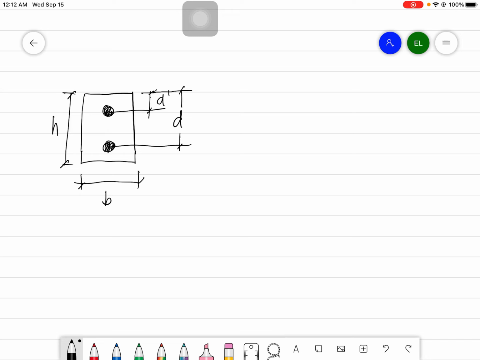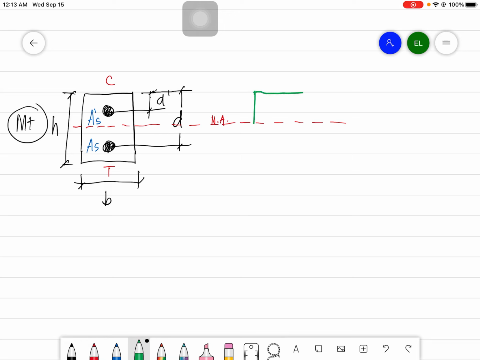Again, this is subject to positive moment, so this part here is in compression and this part here will be in tension. This is your As prime here, and this one is your As. How do we transform that? Say, for example, this is your assumed neutral axis, then you have this beam here, or the concrete.